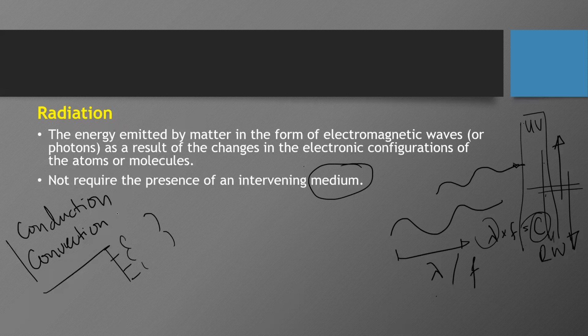For convection, we need a bulk amount of fluid motion, that is the medium. For conduction, we are worrying about the solid phase, which also needs a medium. But for radiation, we don't need any medium. You can transfer heat as radiation in a vacuum also.